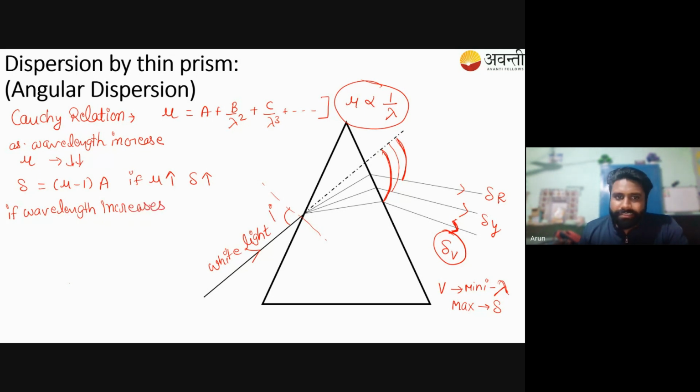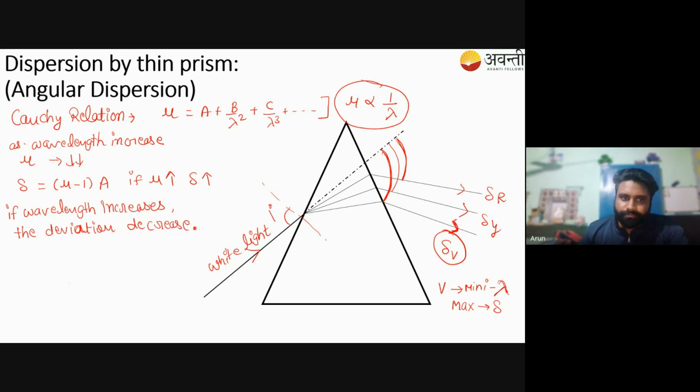If wavelength increases, the deviation decreases.